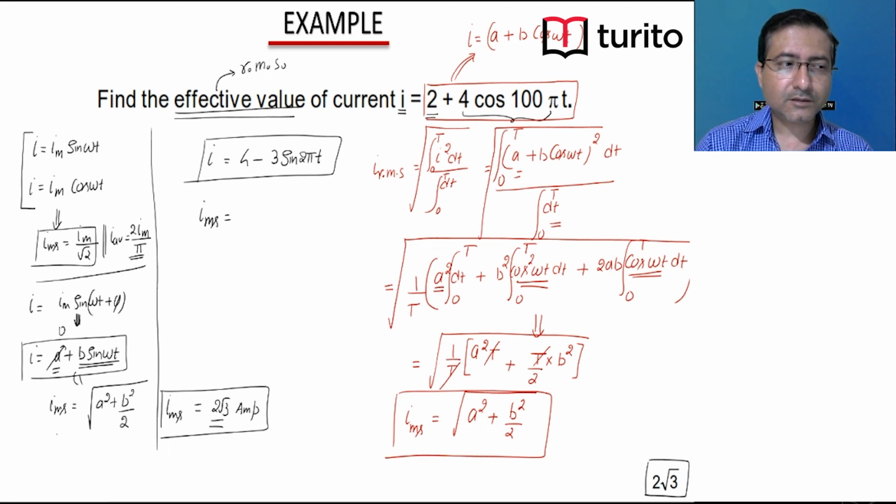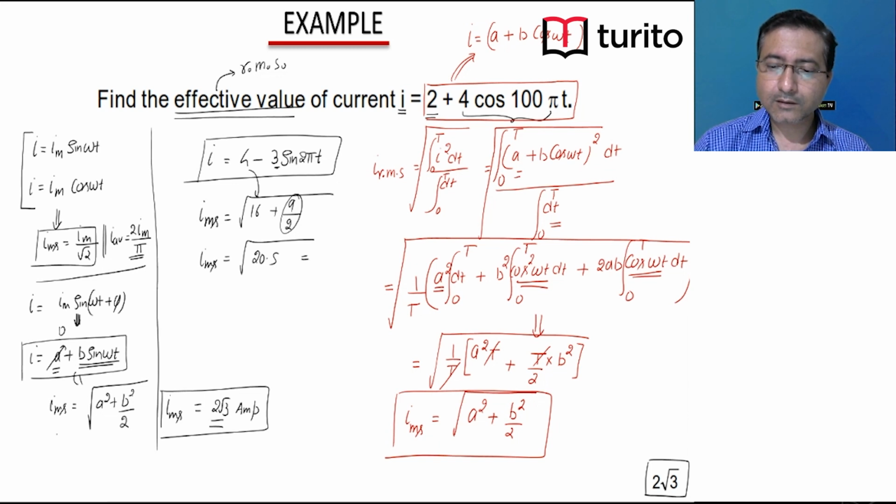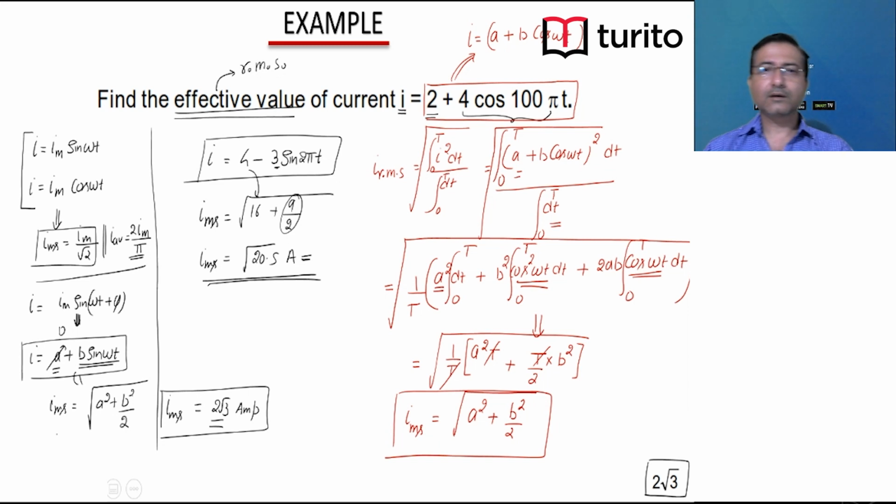So for RMS, we can directly write 4 square, 16, plus 9 divided by 2. Simplify, this will be 4.5 and this will be 20.5, under root 25.5 ampere would be the IRMS current.